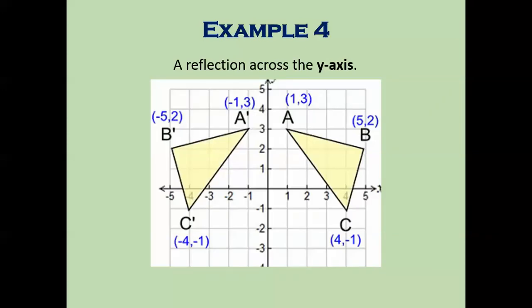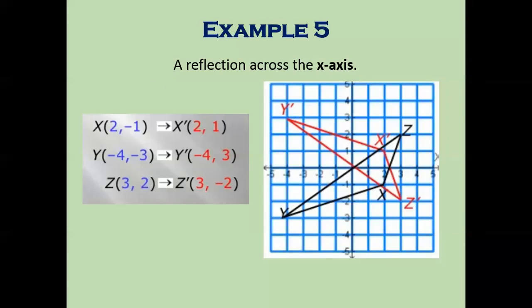Here you can see example 4 is a reflection across the y-axis, and example 5 is a reflection across the x-axis, but you can see that the original image had points that were both above and below the x-axis. So you can see here the point X is below the x-axis, and its mapped image X prime is now above the x-axis.